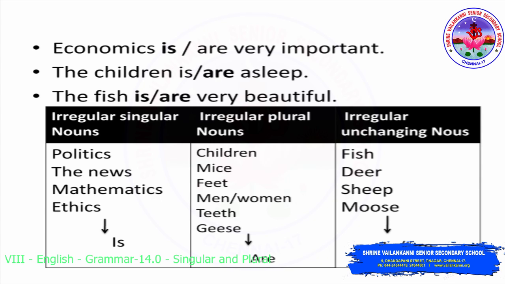So, now we are going to talk about irregular nouns, which cause a lot of confusion. There are many grammar errors because of these issues. Let's look at what the problem areas are. Normally, when we have a singular noun, like a table, we use a singular verb, right?